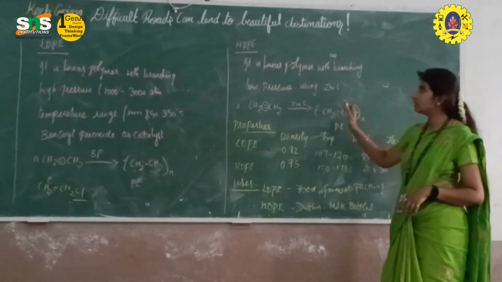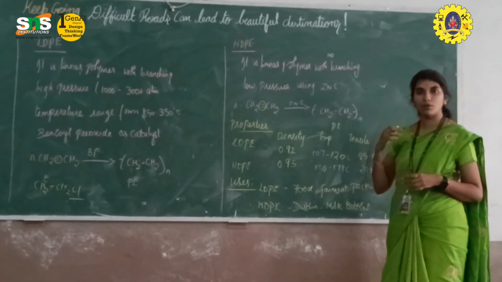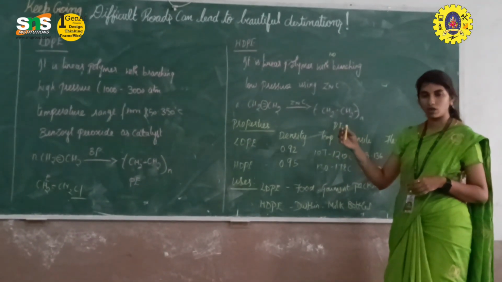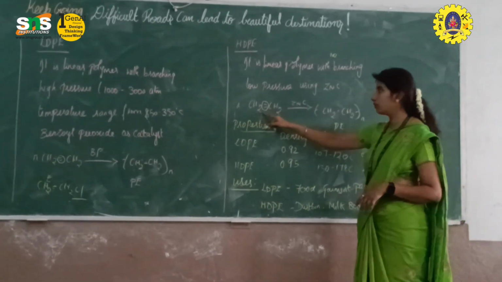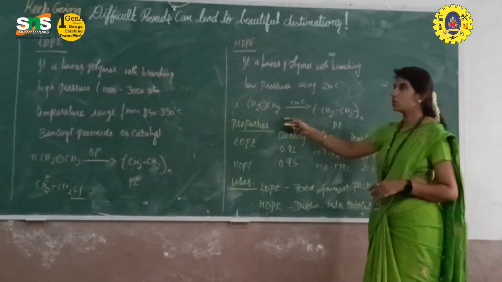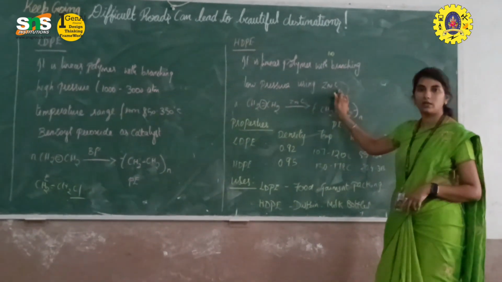So this is the combined structure that forms a high density polyethylene with no branching structures; it forms only a linear chain with no branching. Only CH2 groups will attach to CH2 groups, at low pressure using the Ziegler-Natta catalyst.